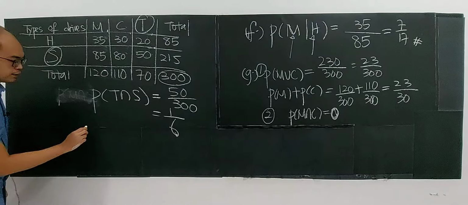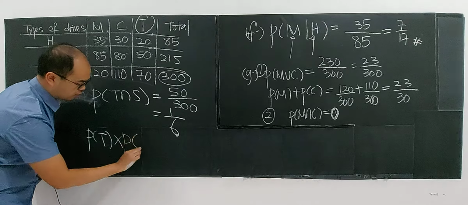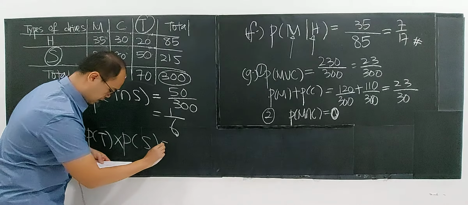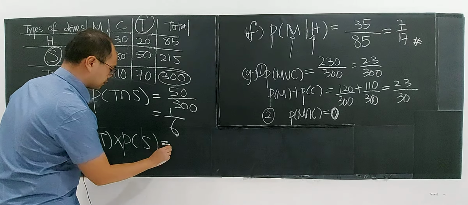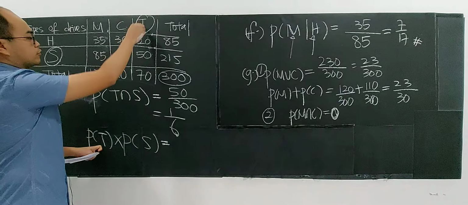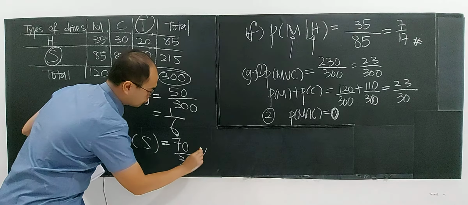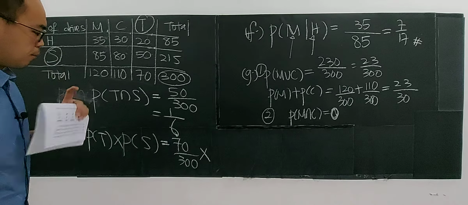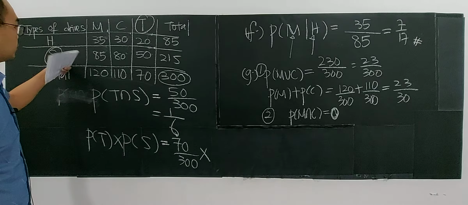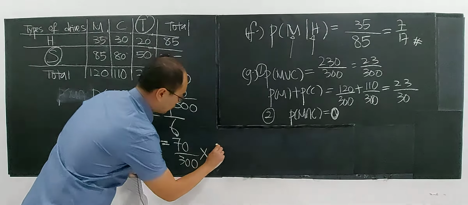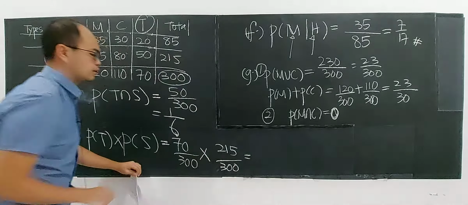Now I take the probability of manufacture in Thailand, 70 over 300, multiplied by the probability of S, the SSD drive, which is 215 over 300. You calculate and you justify.